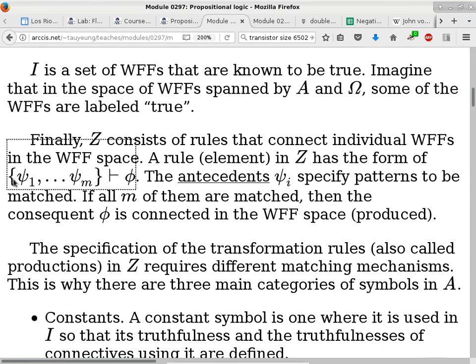If you can find the patterns specified by this particular set, then this particular pattern is also true. If you can find these particular patterns to be true, then this pattern is true as well. So it's a way to connect multiple well-formed formulae to another one. So look at this as a way to connect things.